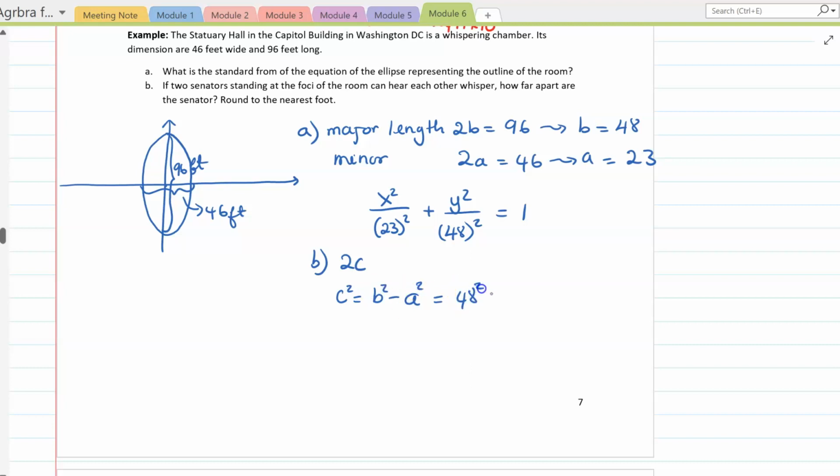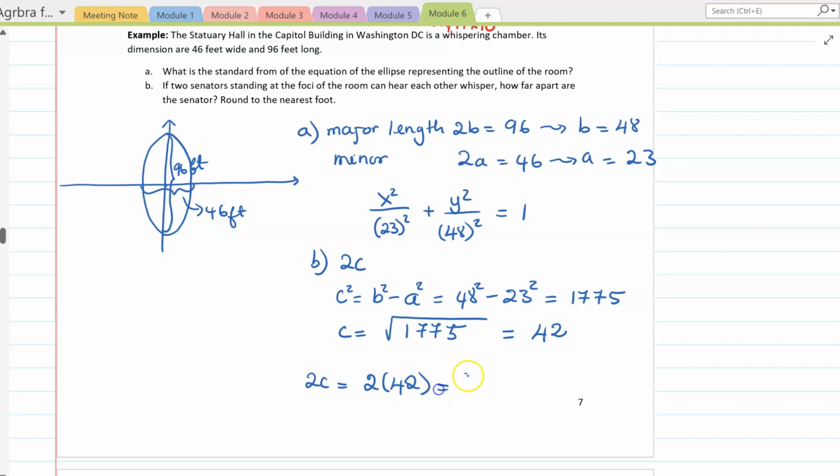That's 48 squared minus 23 squared. And that is 1,775. So c is the square root of 1,775. And that is about 42. So the distance of the two senators, 2c, is equal to 2 times 42. And that means 84 feet away from each other.